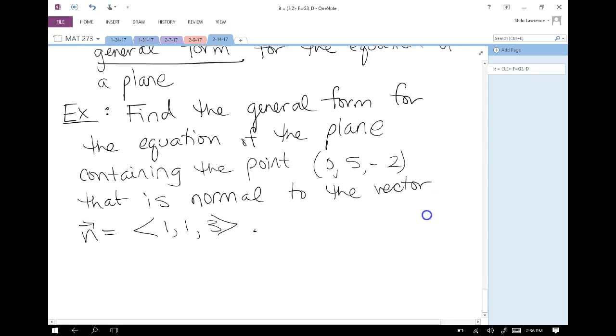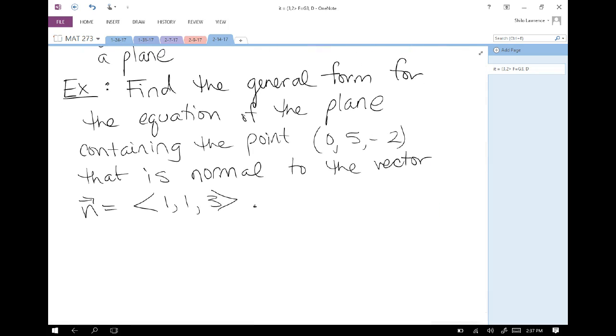And if you want to think of it this way, any other random point Q that's also in the plane, we can create a vector between P and Q, and that vector will always be in the plane.